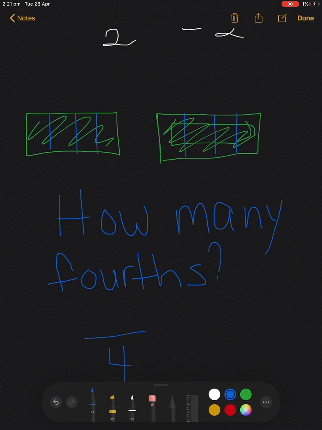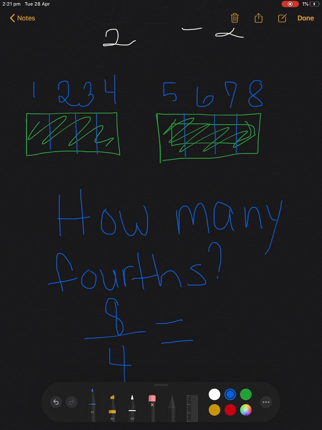So let's count how many total. 1, 2, 3, 4, 5, 6, 7, 8. So I have 8 fourths. Well, 8 fourths, what does that equal?